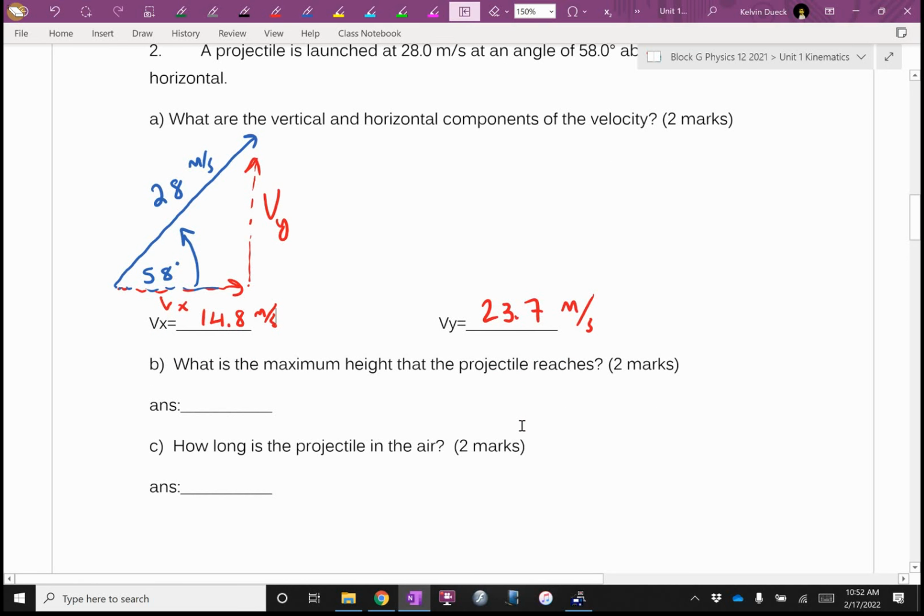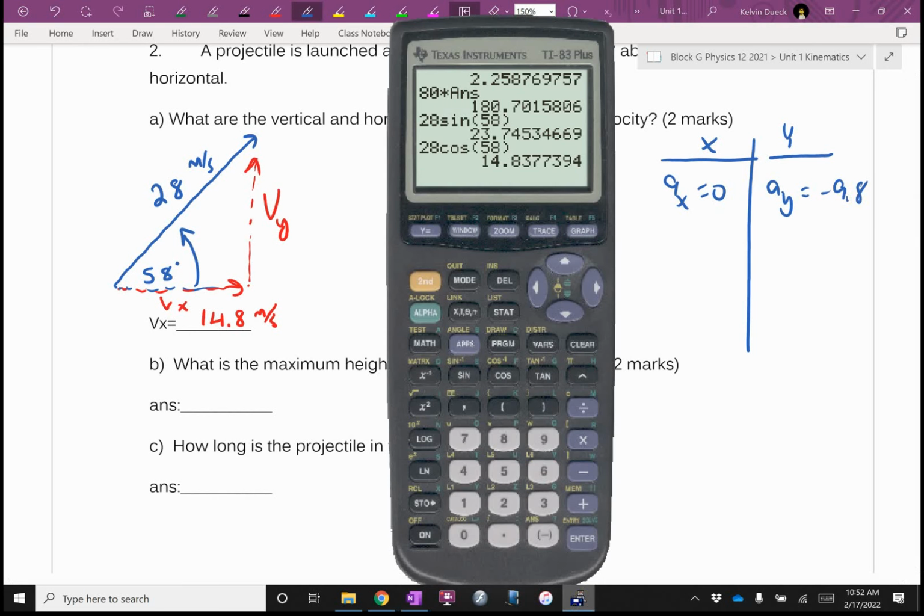What's the maximum height that the projectile reaches? Now I'm going to need a t-table. I think I have room to do a t-table right here. X, Y, I know AX equals 0, AY equals negative 9.8. I wrote 23.7, and if you use that, fine. I'm going to write 23.745.